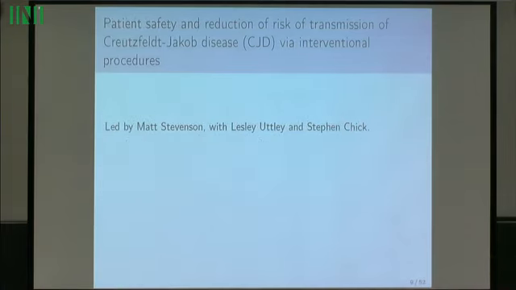Okay, so now what I'd like to do is tell you a bit about a live problem that I'm involved with. We're not talking about drugs now, but this was an analysis that was done for NICE, and it's mainly Matt Stevenson, who's the modeler, who's leading this, and I contributed a little bit with some of the elicitation that was involved initially.